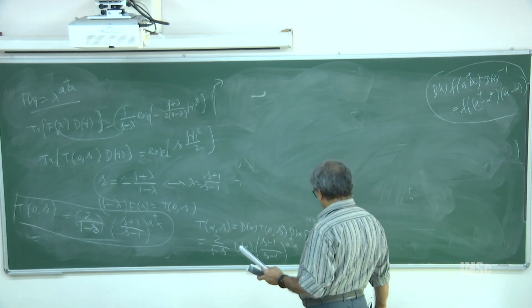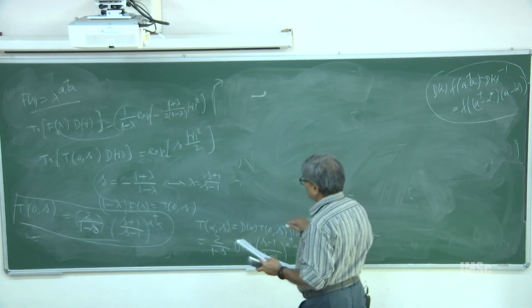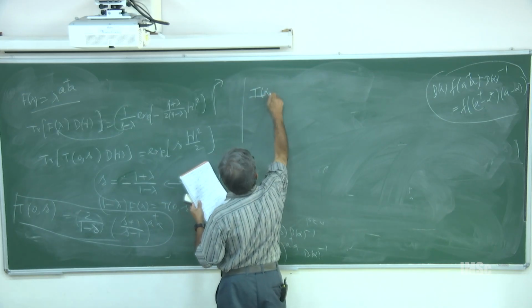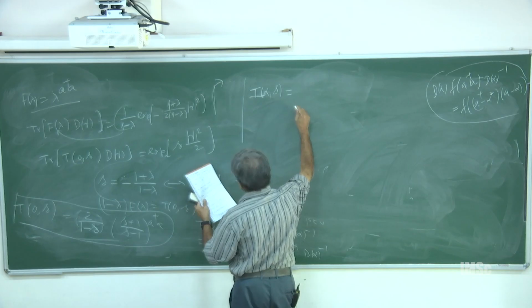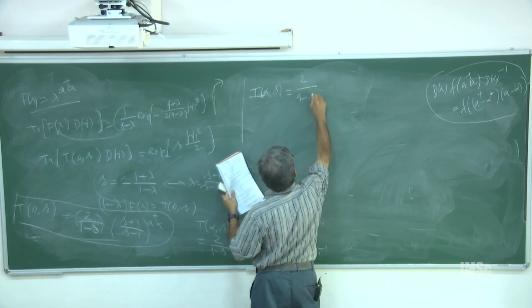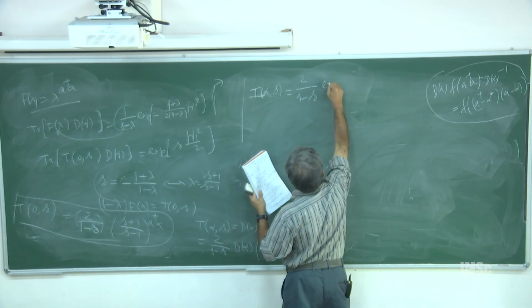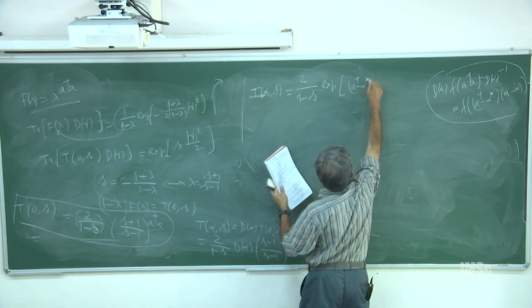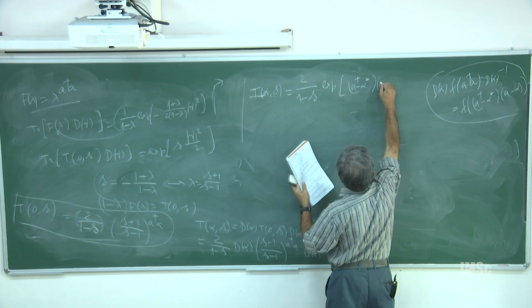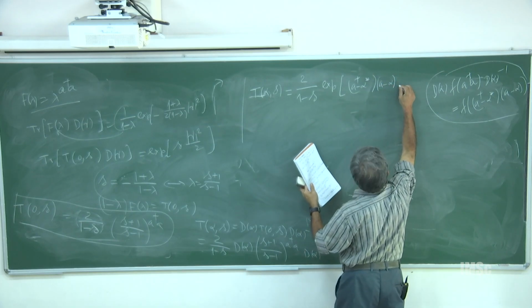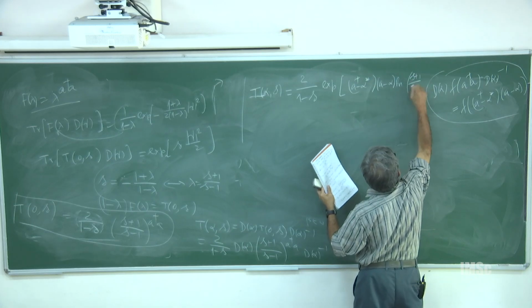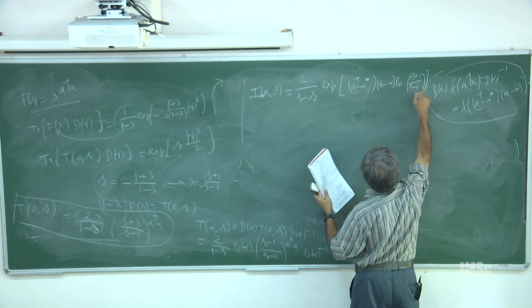Okay. So, if you use this, then what you will see is that T of alpha s is equal to 2 by 1 minus s exponential of (A dagger minus alpha star)(A minus alpha) ln of (s plus 1 by s minus 1).